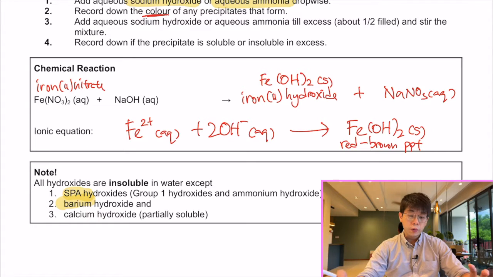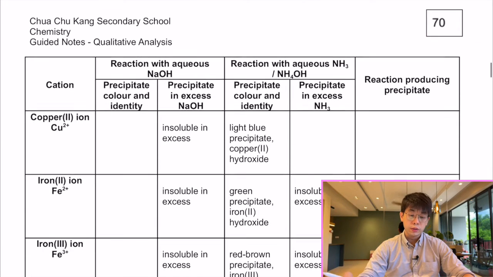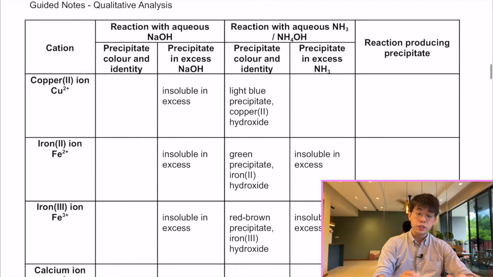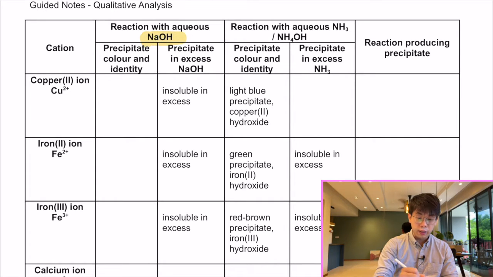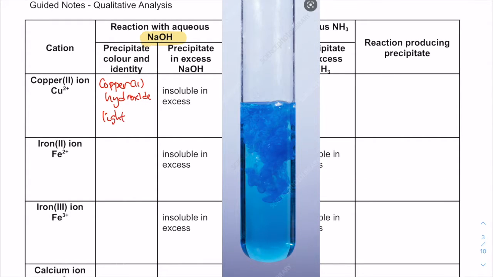Okay, so I will go through some of the observations of the reactions with sodium hydroxide first. When we add sodium hydroxide to copper 2 ions, we will get copper 2 hydroxide, and this copper 2 hydroxide is a light blue precipitate.